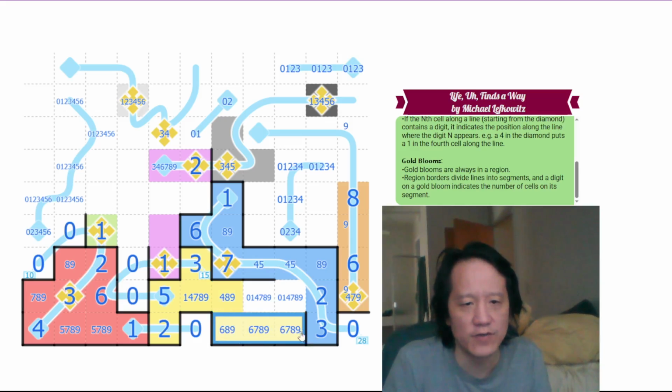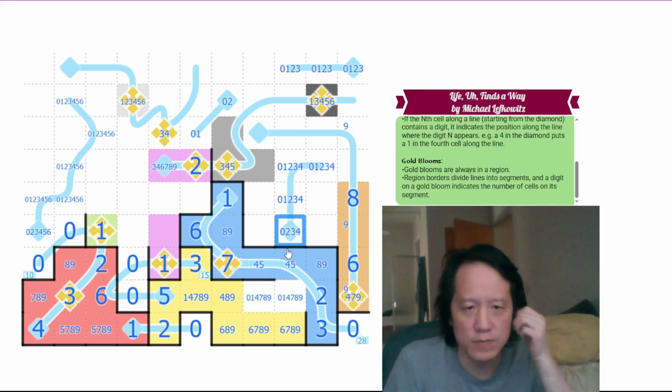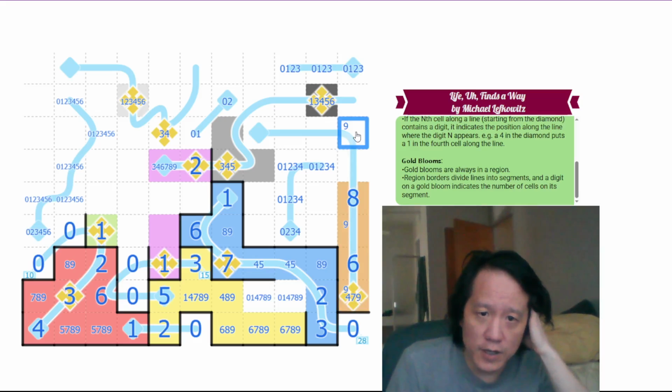No 5, actually, in this region. Okay. So it could go up here. It could go here. We don't know. So 9 has to be one of these 3.